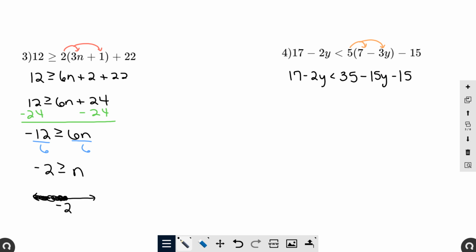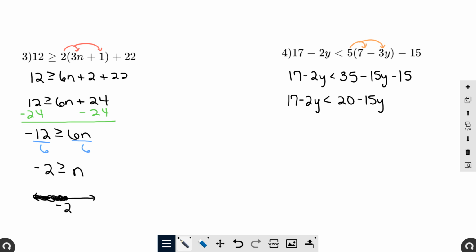Now, just like solving equations, look on that left side. Can you combine anything? Can you put anything together? Look on the right side. Can you combine anything? Yes. What's 35 minus 15? 20. And it doesn't matter what order you put them in, it will all work out the same.